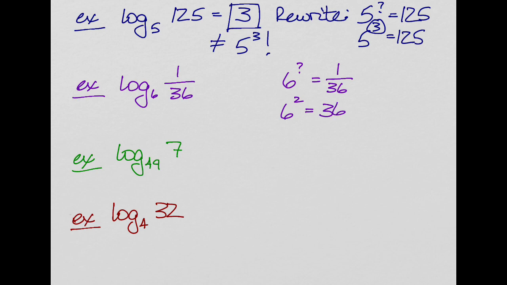There's something that I know. And the only difference is what I want is in the denominator. Well, we know how to get something in the denominator. We're going to make its exponent negative. 6 to the negative 2 power is 1 over 36. So log base 6 of 1 over 36 is the exponent that I need to put on the 6, and that is negative 2.